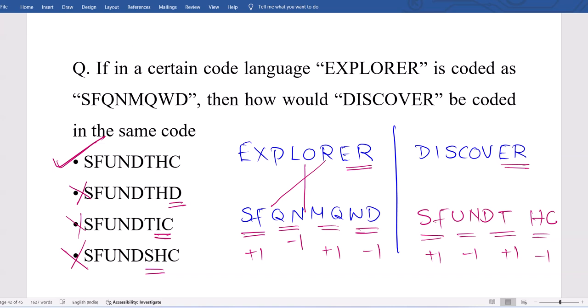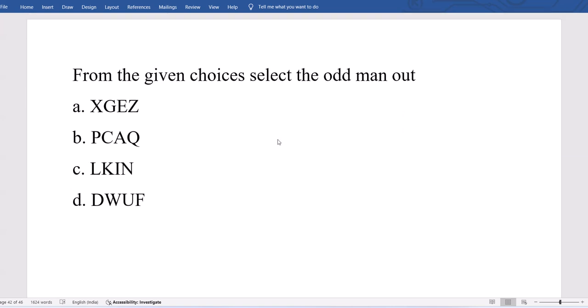So, fine. You see this odd one out? One among this is odd one out, different one. Find the different one among these options.